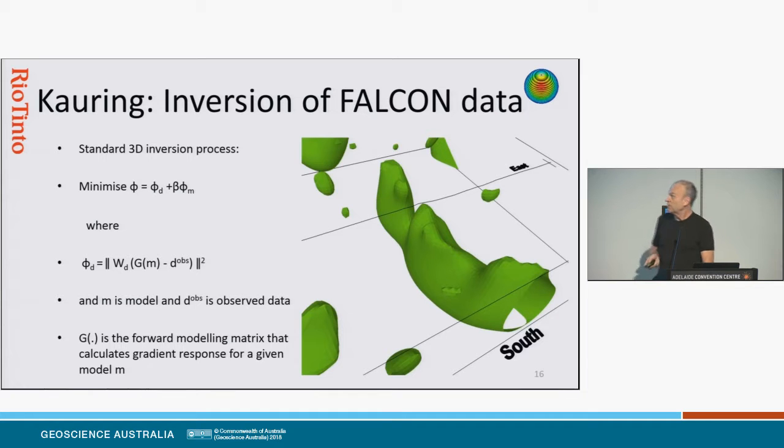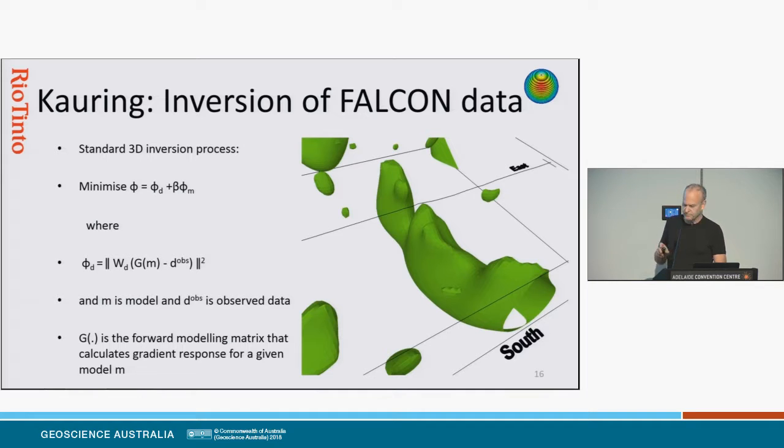And so we just applied a standard inversion process, minimising the usual objective function where you're doing the point evaluation of the observed data at the observed data locations using a particular density model. And there's the isosurface of 0.05 grams per cc.